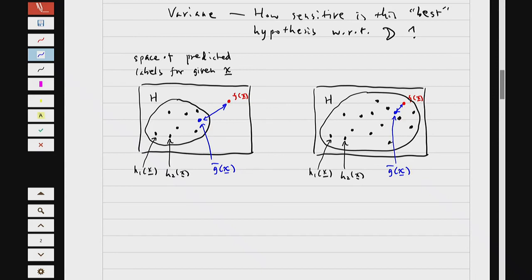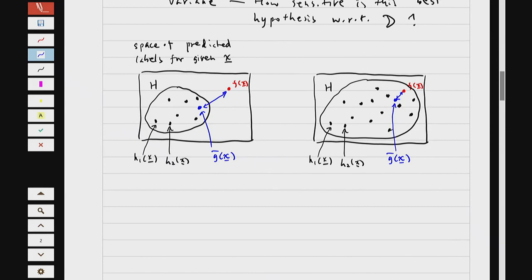Usually we don't know which hypothesis set is close to f. We only know that one hypothesis set is smaller and another is bigger, like linear versus quadratic. That's the order we're talking about, a smaller hypothesis set versus a bigger one.